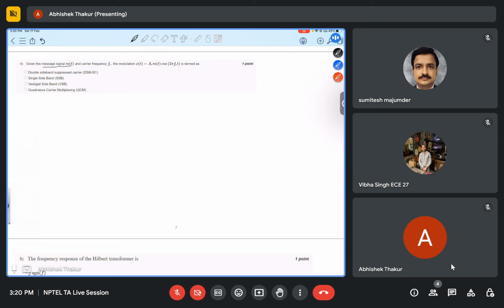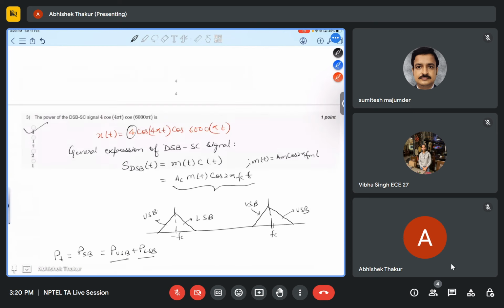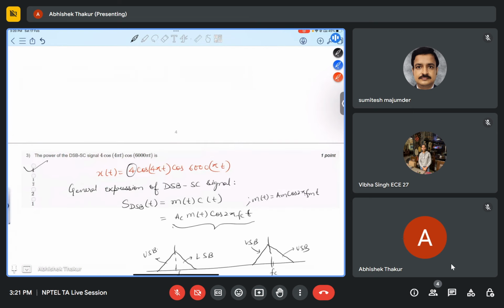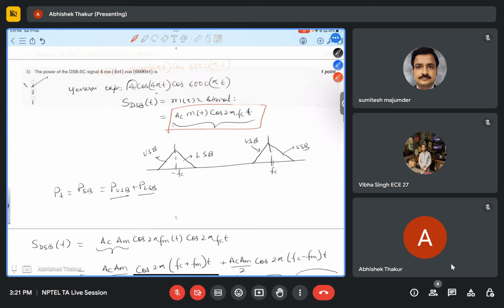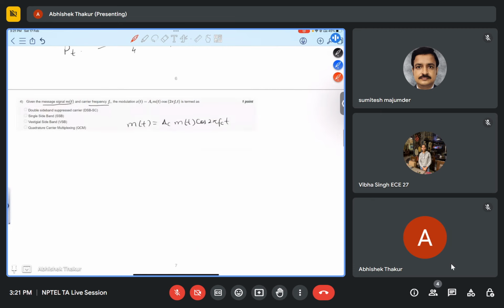So in this question, it is given that message signal m(t) and carrier frequency fc, and the x(t) is given as Ac m(t) cos of 2 pi fc t. So this is termed as, just now we have studied Ac m(t) cos of 2 pi fc t, this is double sideband suppressed carrier signal. So option A is the correct answer for this question.